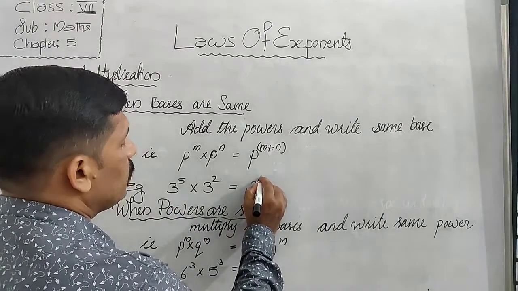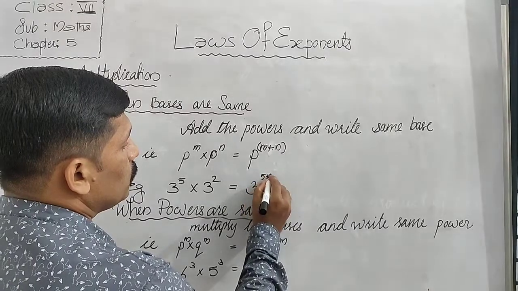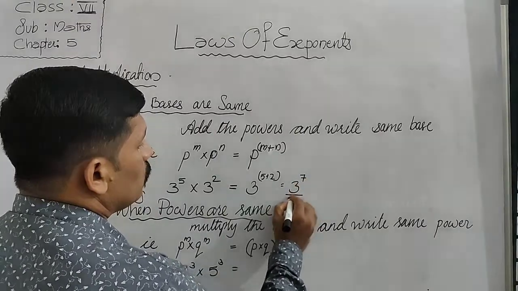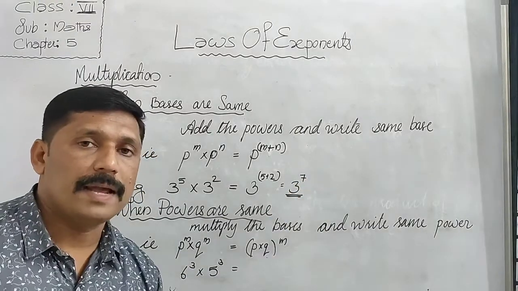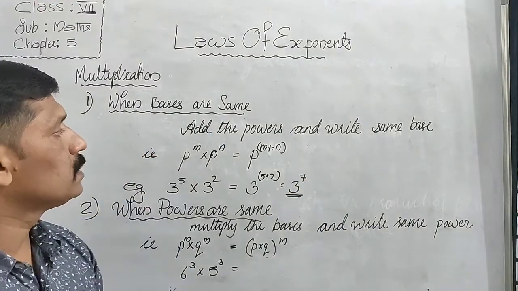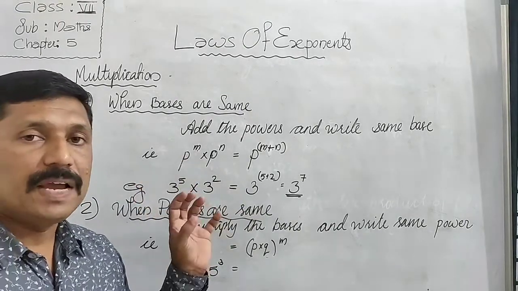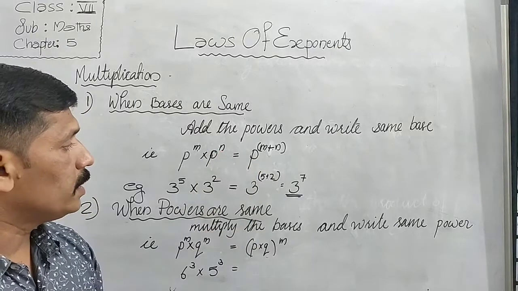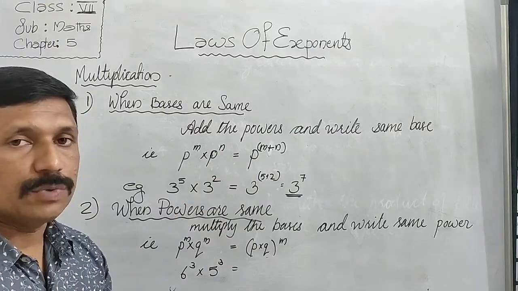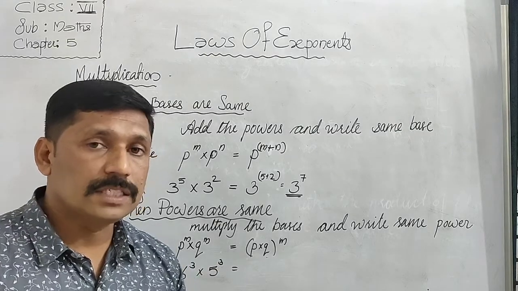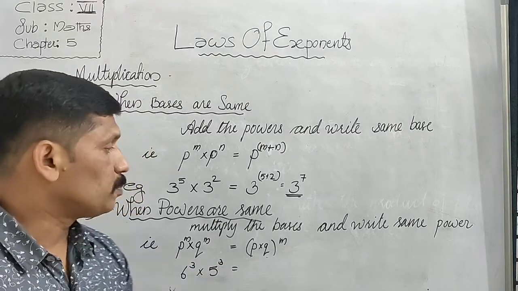At that time we add the powers, 5 plus 2, that is equal to 3 power 7. So when the bases are the same and powers are different, in order to multiply two numbers, we add their powers and write the same base. This is the first rule of exponents in multiplication.